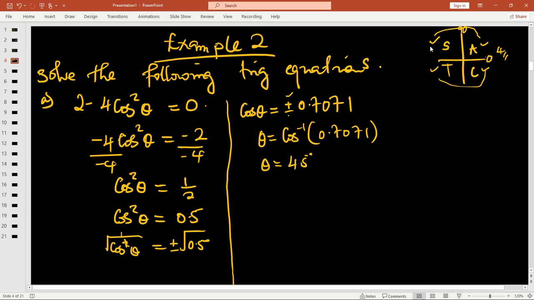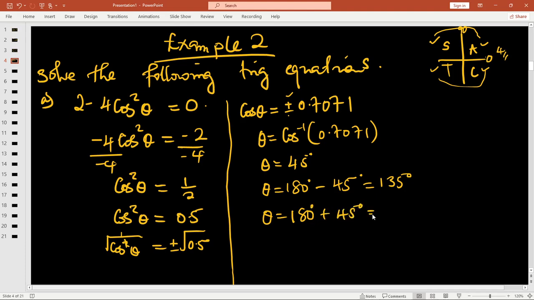So we also need to get the solution in the 2nd quadrant. Remember, for the 2nd quadrant we said theta is equal to 180 degrees minus the calculated angle, which is 45. So this will give us 135 degrees. Then in the 3rd quadrant, we said it's 180 degrees plus the calculated angle, 45, so we're going to get 225 degrees.